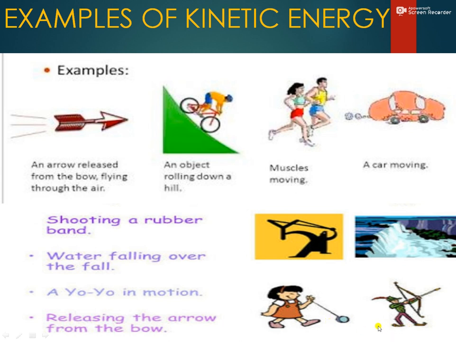The ball is bouncing. Now this is also kinetic energy. Releasing the arrow from the bow. The arrow is released, the bow is moving like this, so it is possessing kinetic energy. So these are the everyday examples in which we can find that kinetic energy is being used to perform work.